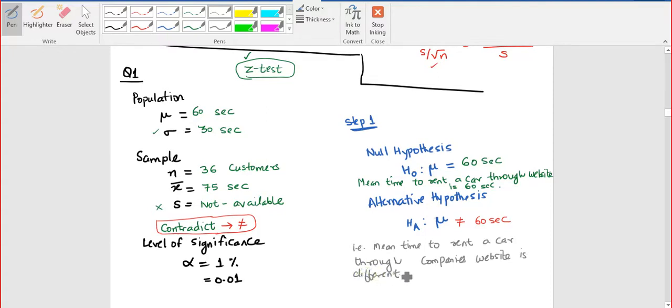We use the word different. We are not saying higher or less, just different than 60 seconds.